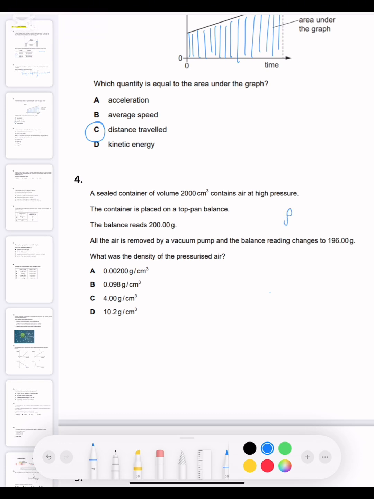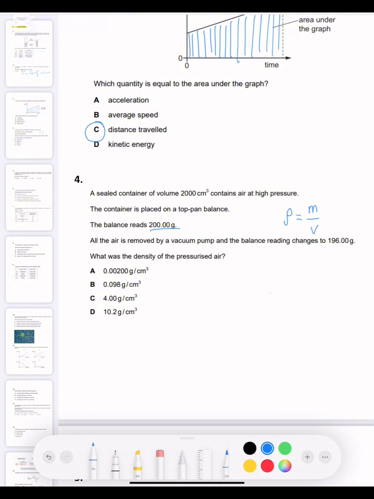Let's remember formula for density. Density is equal to mass divided by volume. Now, let's find the mass of the air. The balance reads 200 grams when container is filled with pressurized air.